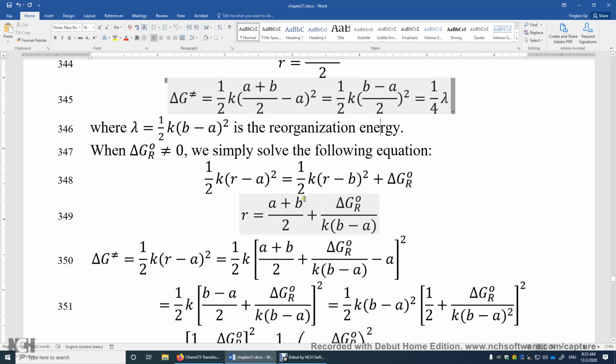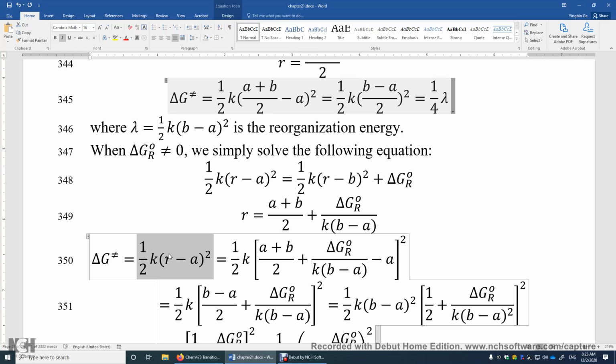But again, over here, we're going to just use the expression of R and plug it in to get the Gibbs energy of activation. So really, it's actually the energy barrier, using Hooke's law. So we are making approximations. We're saying the potential energy curve is a harmonic oscillator curve. So that's why you have this equation.